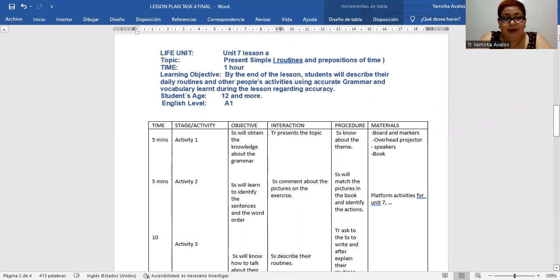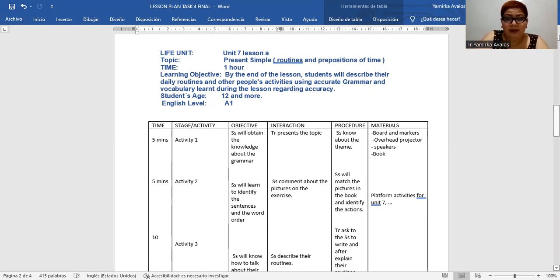The time of the class is 1 hour. The learning objective is that by the end of the lesson, students will describe their daily routine and other people's activities using accurate grammar and vocabulary learned during this lesson. Students are age 12 and more, English level A1.